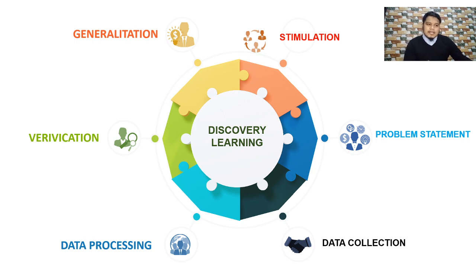If you look at this, we go to the first one, stimulation. Stimulation means giving stimulus to students. So before we go to other activities, it's our duty as a teacher to give something as preparation for the students, that is stimulus, which we call stimulation.